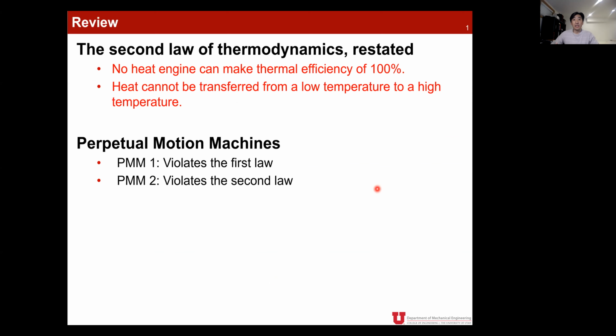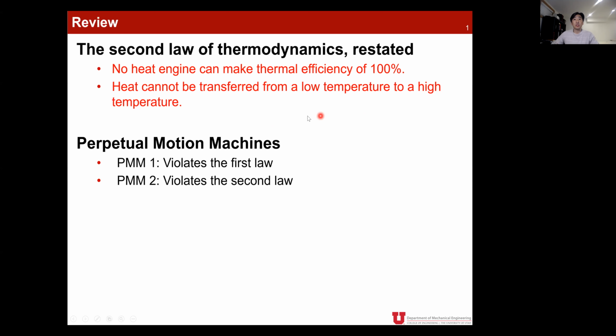So the maximum possible efficiency you can achieve, no matter what heat engines you talk about, is the Carnot heat engine thermal efficiency. For the refrigerator or heat pump, the COP of the Carnot cycle is the maximum COP that you can ever achieve. The second statement of the second law of thermodynamics is that heat cannot be transferred from low temperature to high temperature.